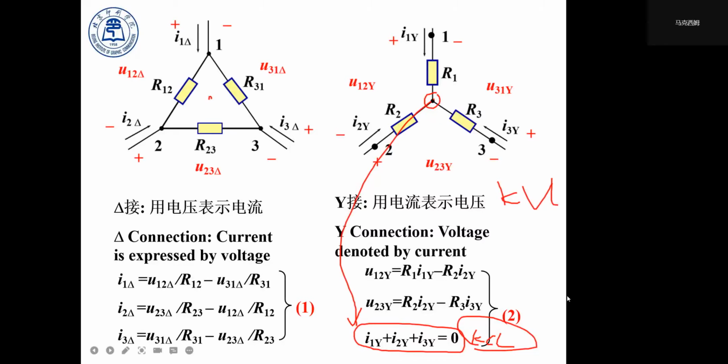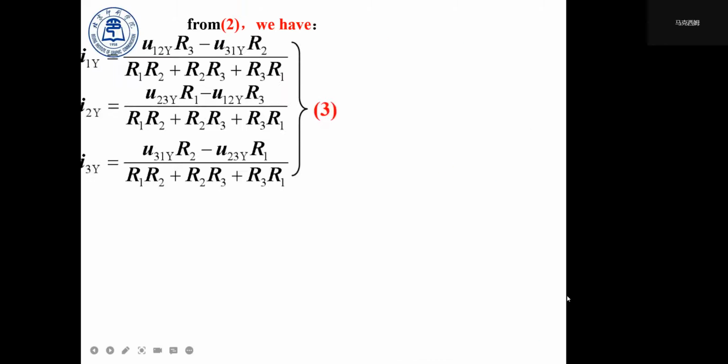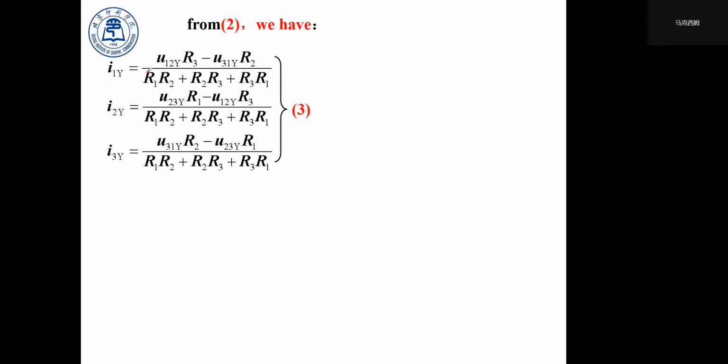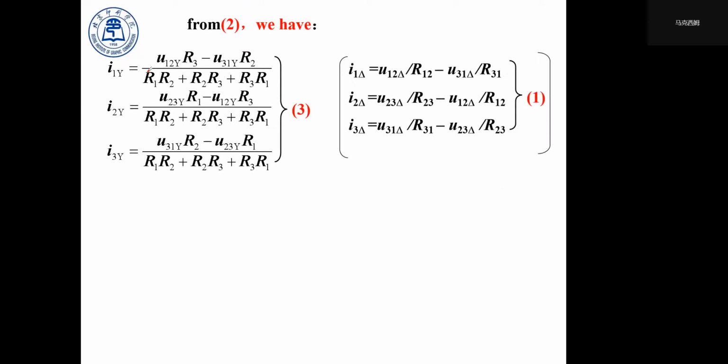So from the second set of equations, we have this relationship, equation set three, and combine it with the first set of equations. You see that this equation can be divided into two parts, and also this one is divided into two parts.